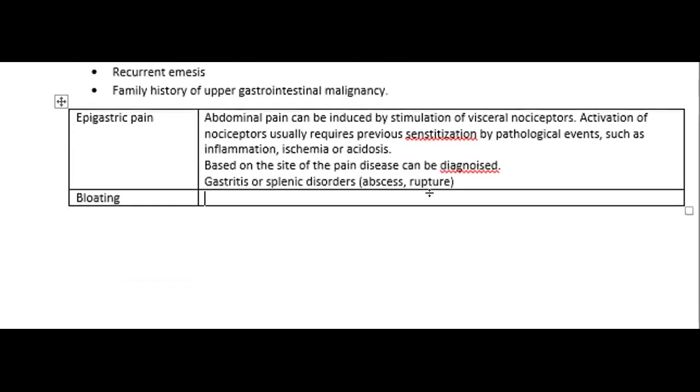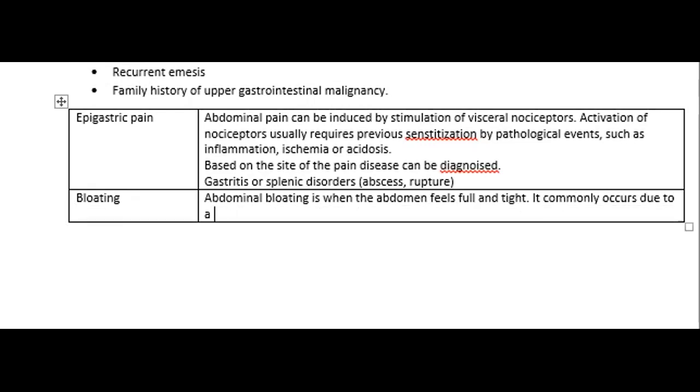And the next one, coming to bloating. What is bloating? Abdominal bloating is when the abdomen feels full and tight. It commonly occurs due to a buildup of gas somewhere in the gastrointestinal tract.